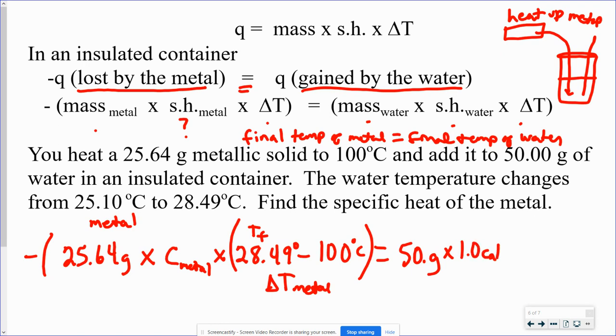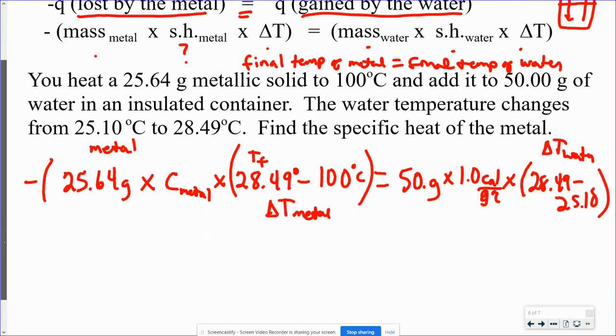So that's 1 calorie per gram degree Celsius. And then the change in temperature of the water is 28.49 minus 25.10. Okay, so that's the change in temperature of the water, final minus initial.